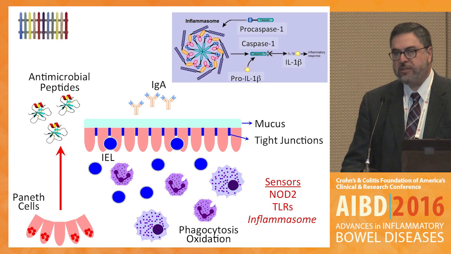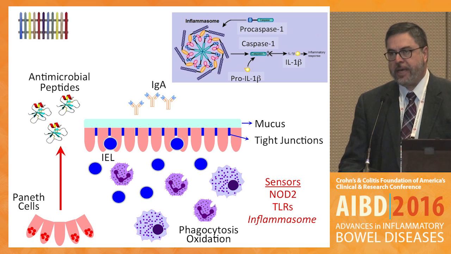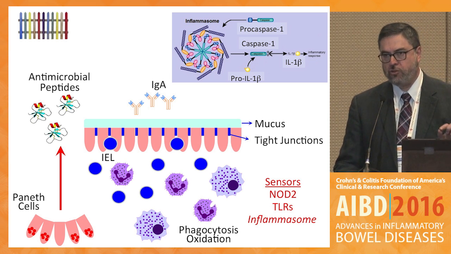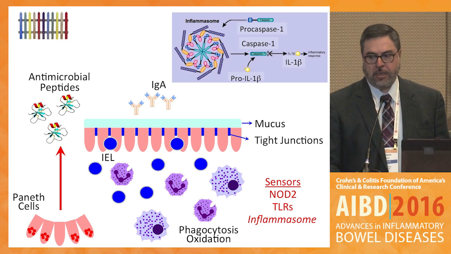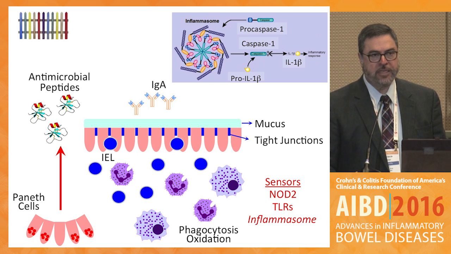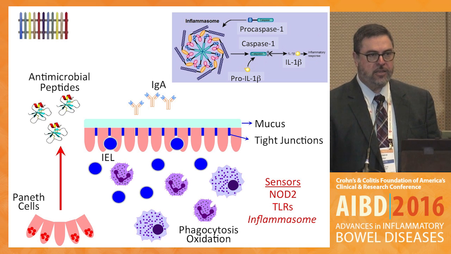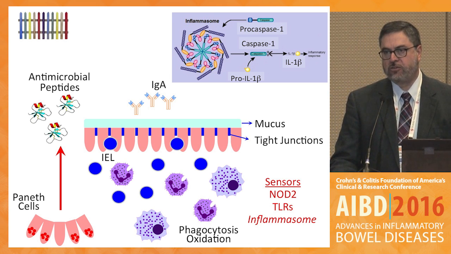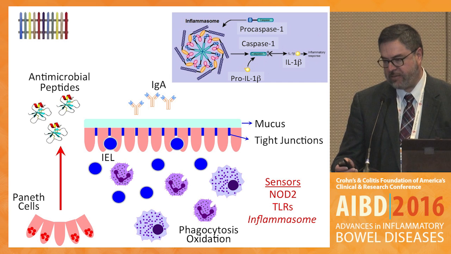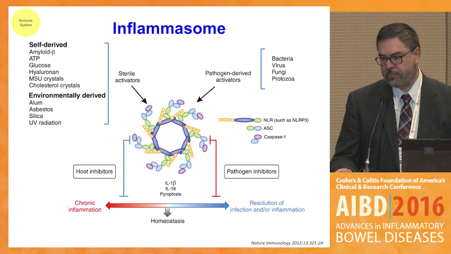In doing so, it needs to be stimulated by two hits. The first hit will stimulate the maturation of procaspase-1, and this typically is a bacterial or microbial stimulus, and then an innate factor such as ATP is the second stimulus.